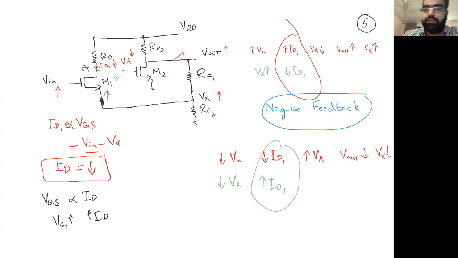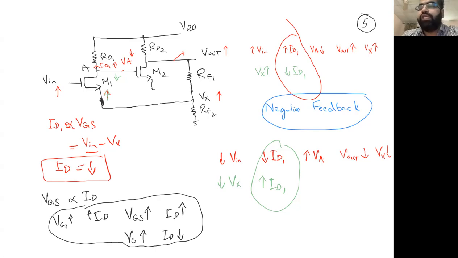If VGS increases, ID increases. If VS increases, ID decreases. Make sure, remember this is VGS, not VS. So VG increases, ID will increase. VGS overall increases, ID will increase. VS increases, ID decreases. Make sure of this thing.